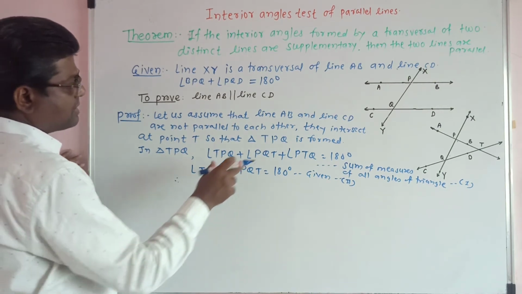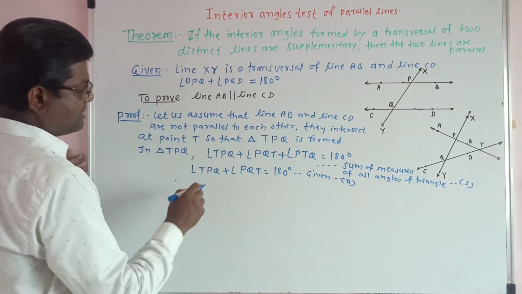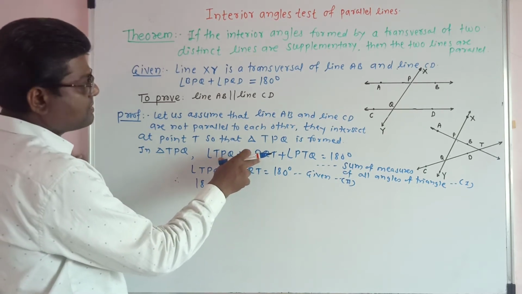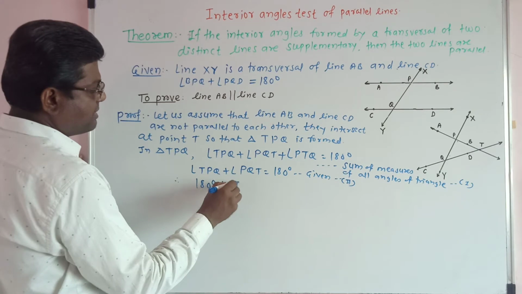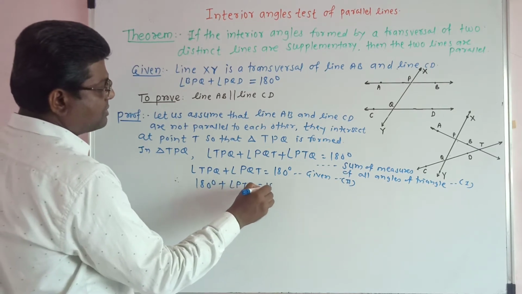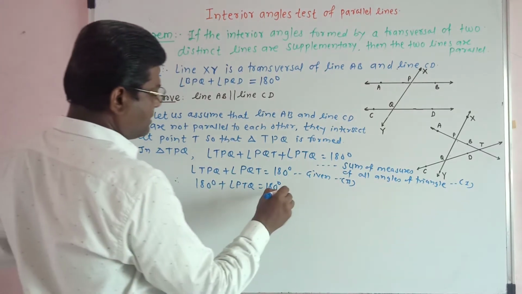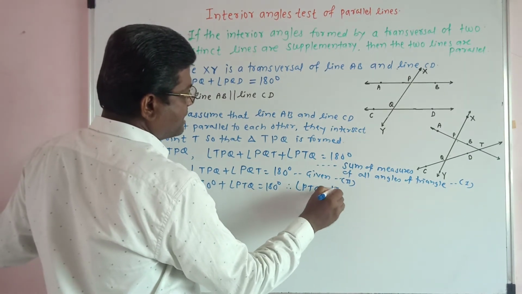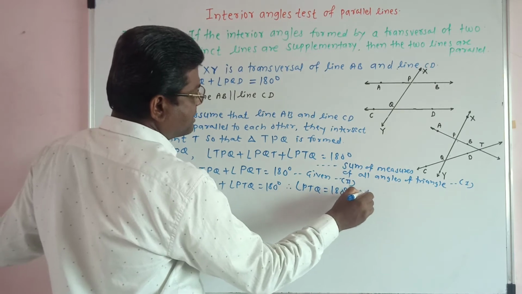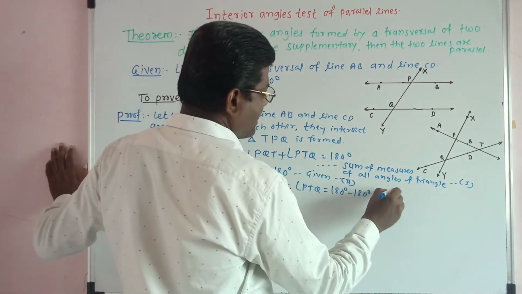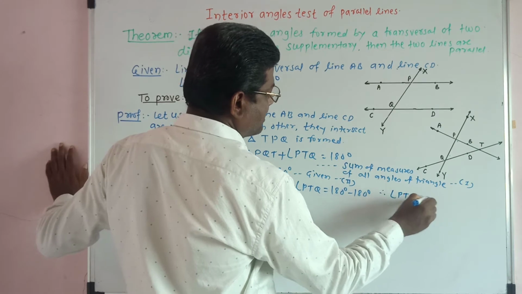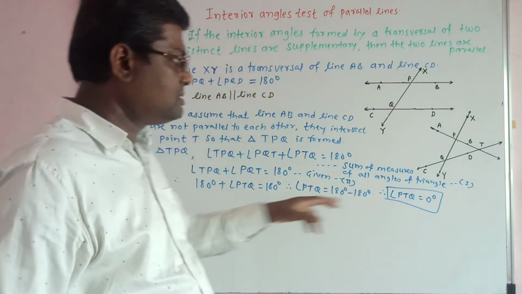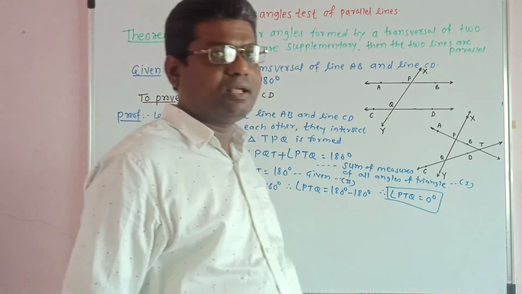Therefore we write 180 degrees for this sum: 180 degrees plus angle PTQ is equal to 180 degrees. Therefore angle PTQ is equal to 180 degrees minus 180 degrees, so angle PTQ is 0 degrees.